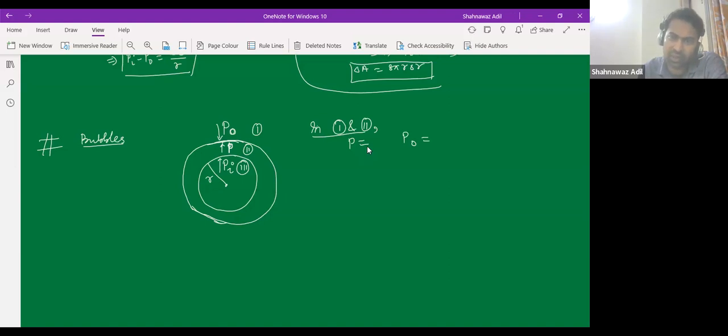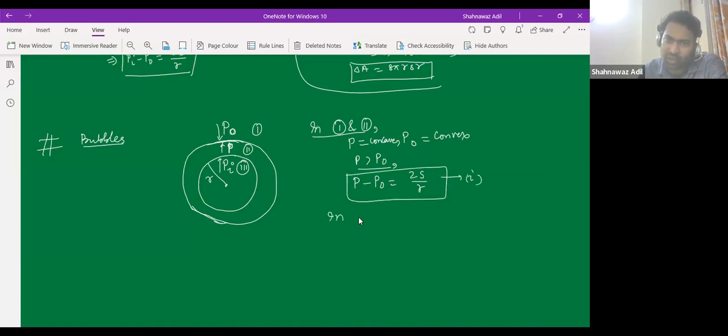Which one is the convex one? This is the concave one, and this is the convex one. So we know that P would be greater than Po. So we can directly write P minus Po as 2S by r. Right, this is 1.